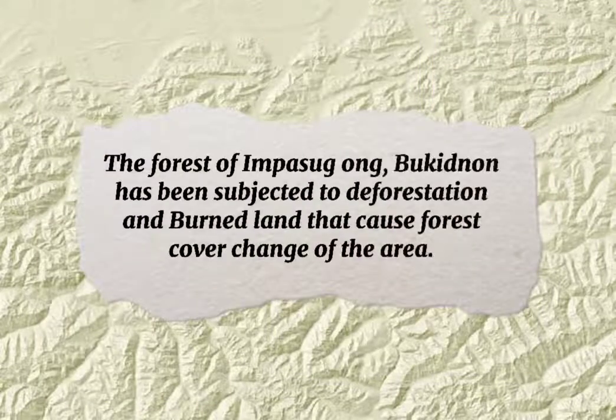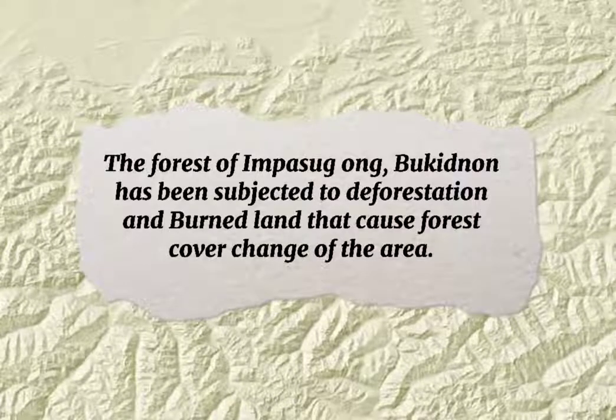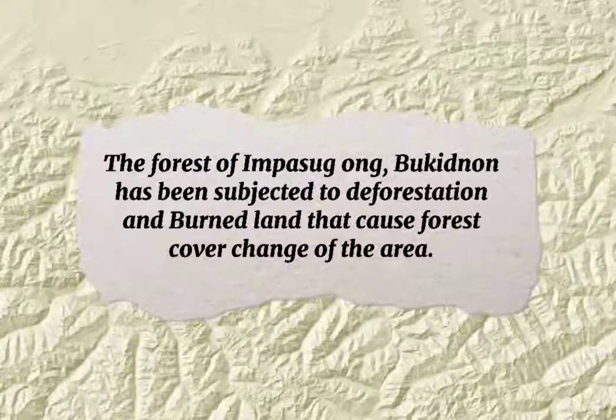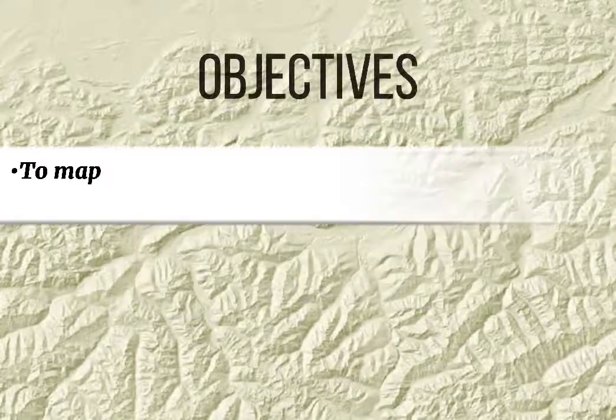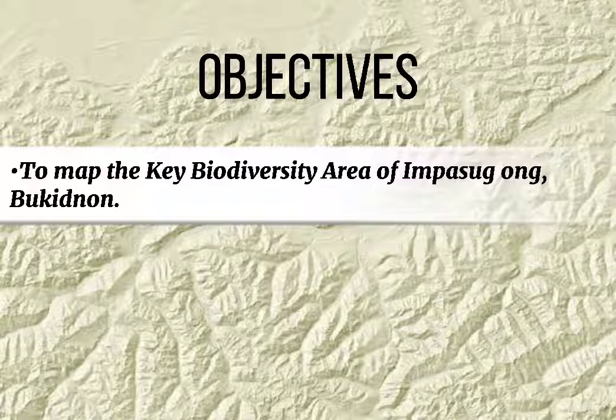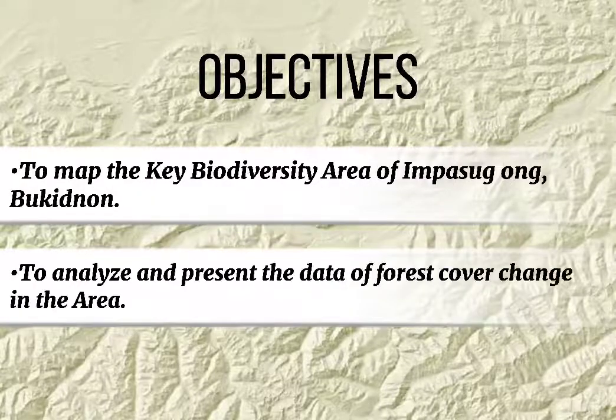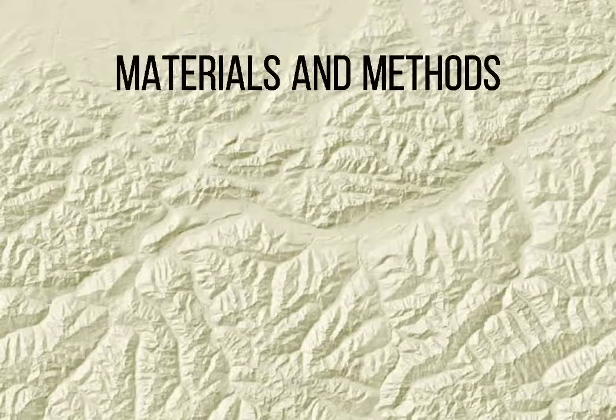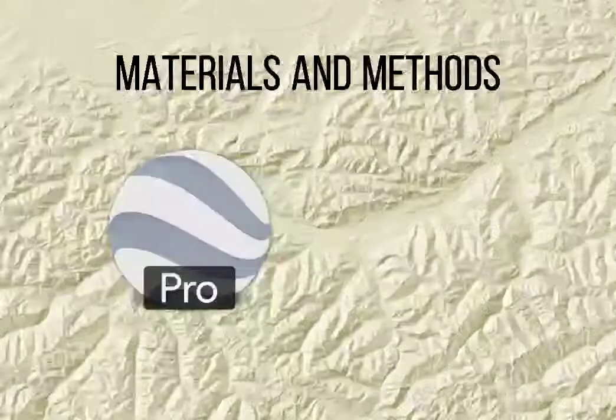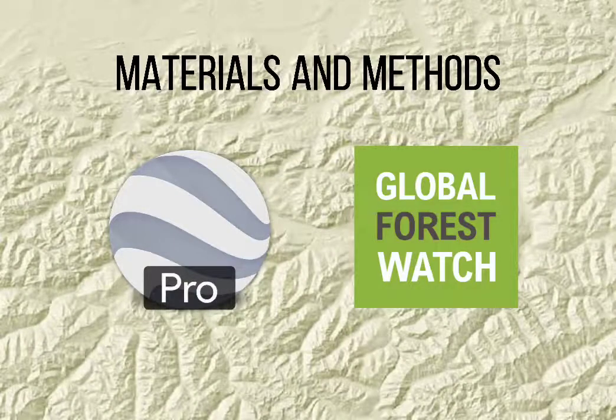The forest of Impasug-ong, Bukidnon has been subjected to deforestation and burned land that caused forest cover change in the area. This study aims to map the key biodiversity area of Impasug-ong, Bukidnon and to analyze and present the data of forest cover change in the area. The materials used by the researchers are Google Earth Pro and Global Forest Watch.